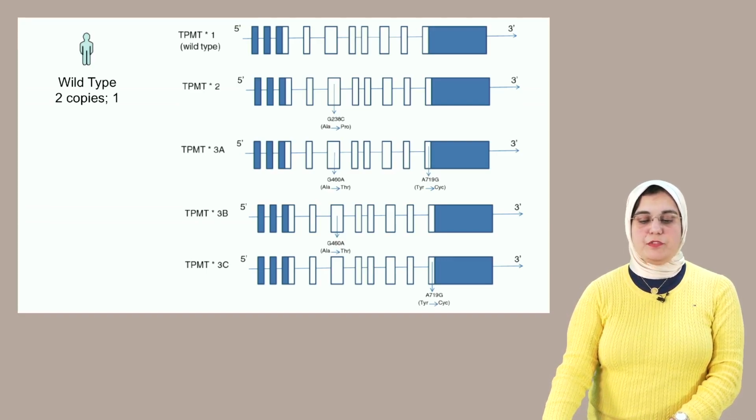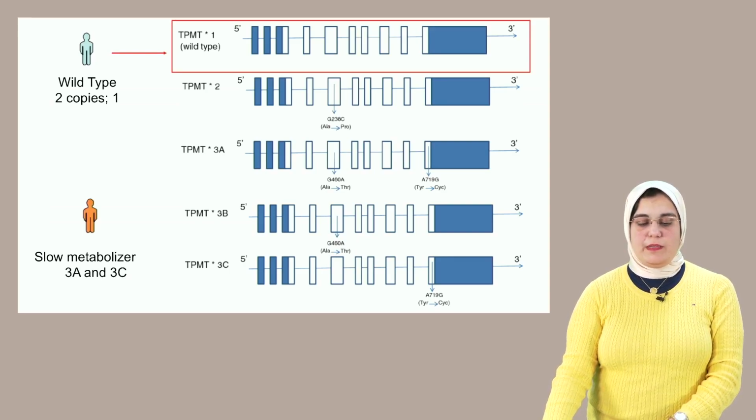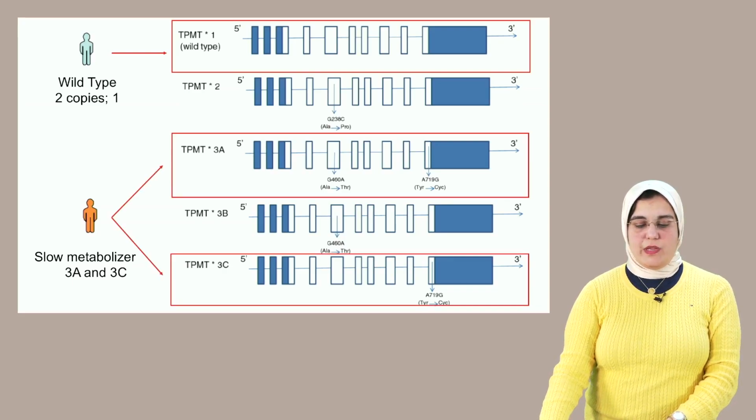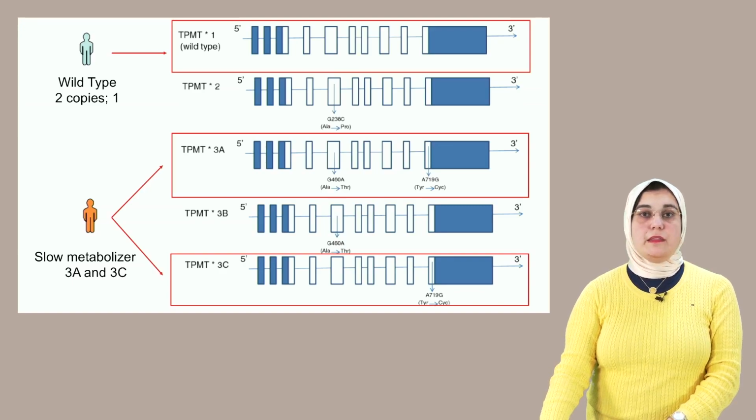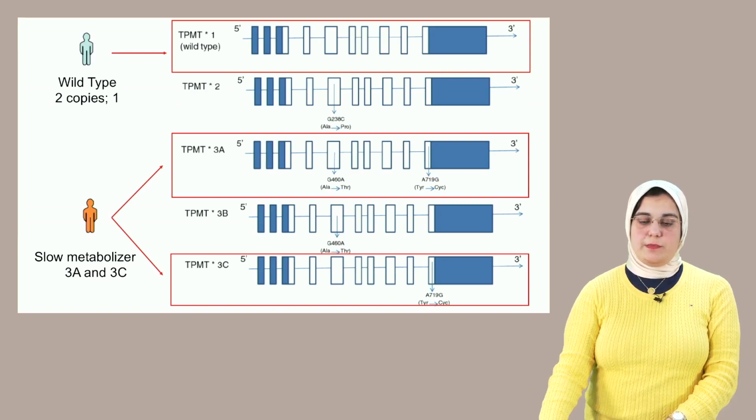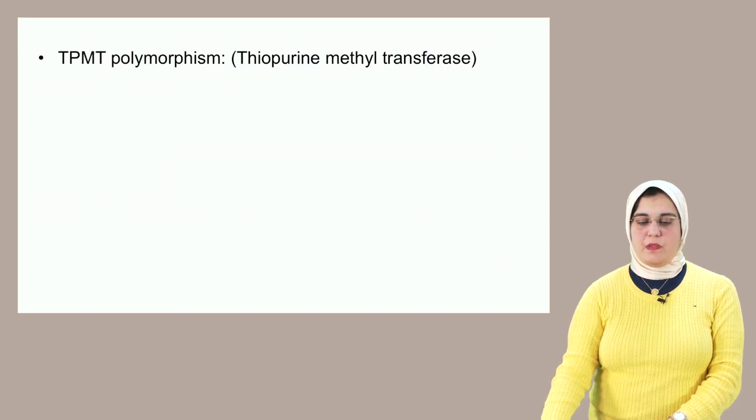Normal people have 2 copies of TPMT*1. But the slow metabolizers or non-metabolizers have the copies called *2, *3A, and *3C. And these copies are not effective in breaking down the 6-mercaptopurine because they work so slowly.